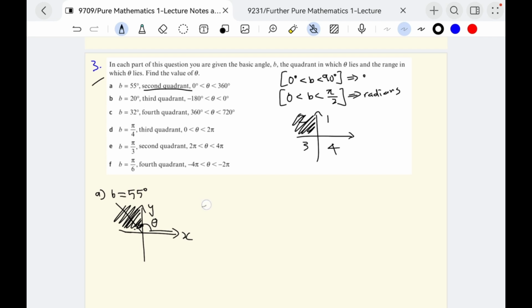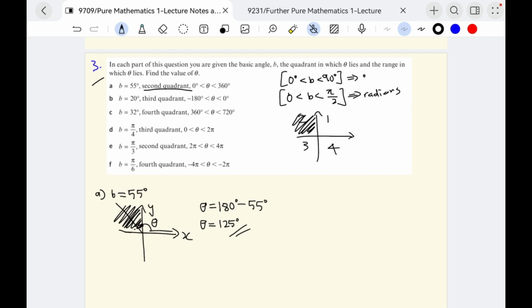To get the theta for A, the angle subtended by the straight line is 180 degrees minus 55 degrees. This is the angle we want to find in the second quadrant. So it's 125 degrees. That's all for this part.